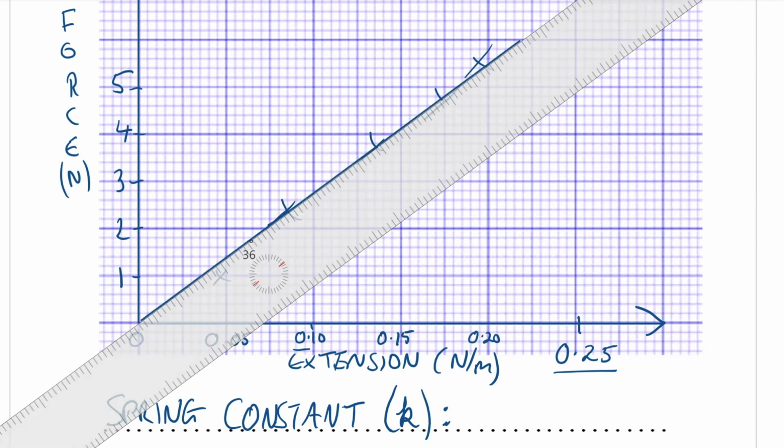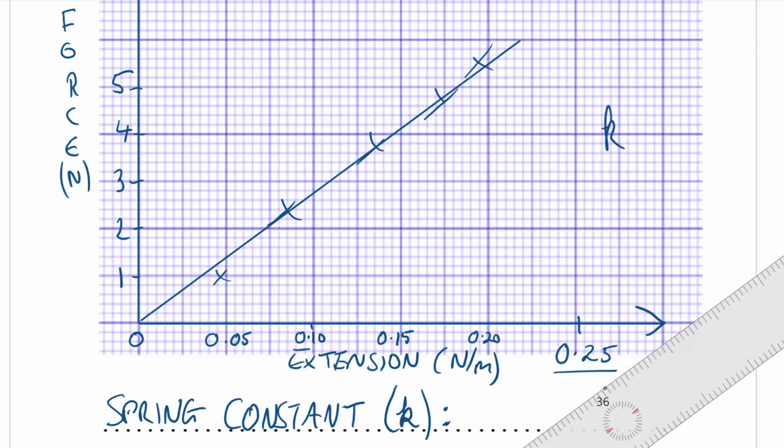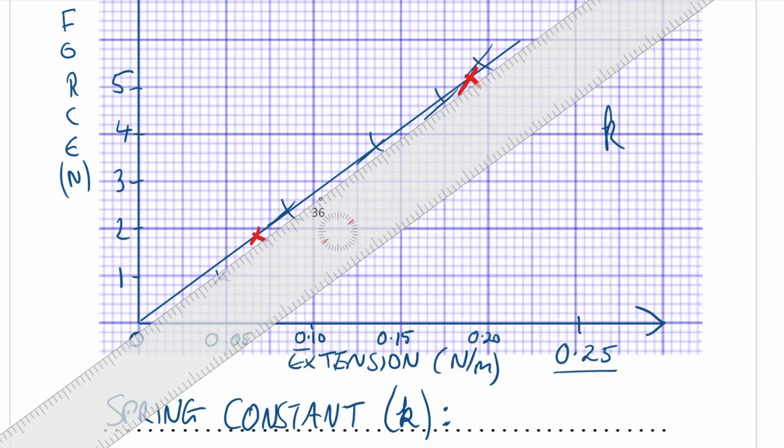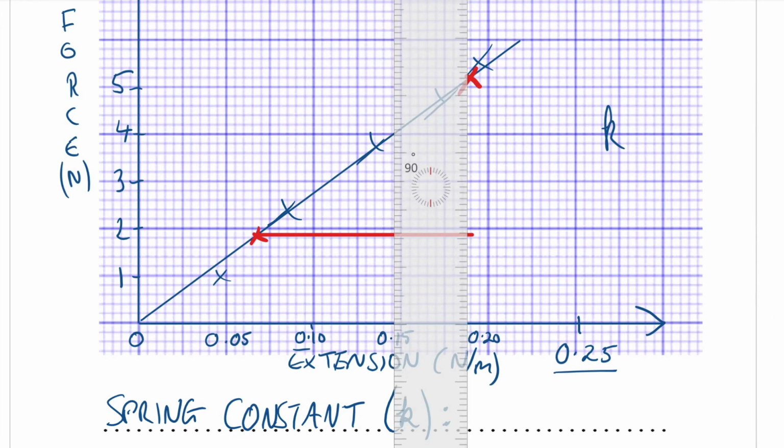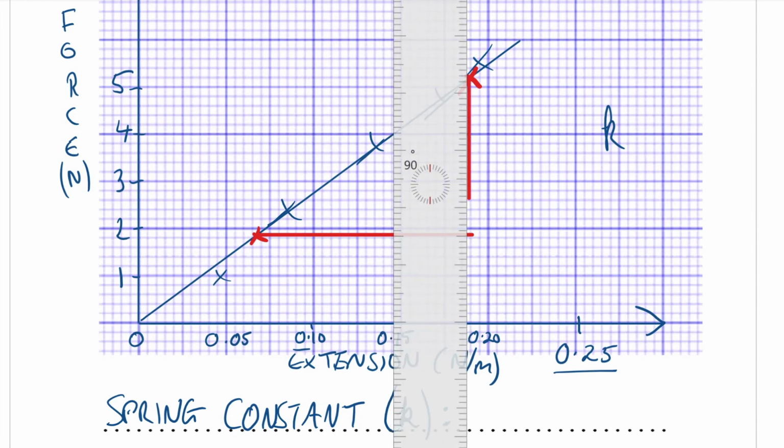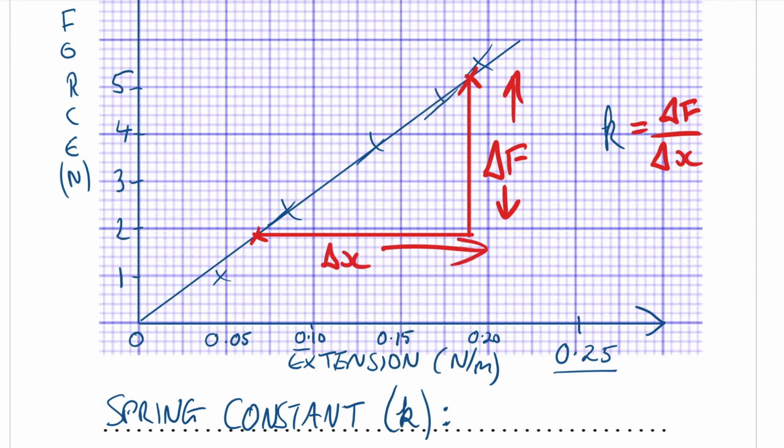You would have calculated your value for K by taking 2 points on the graph. Something similar to this, and you'd have divided the change in force, which will be this value, by the change in extension, which is going to be this value. So you'd have done that already, and you'd have answered that here.